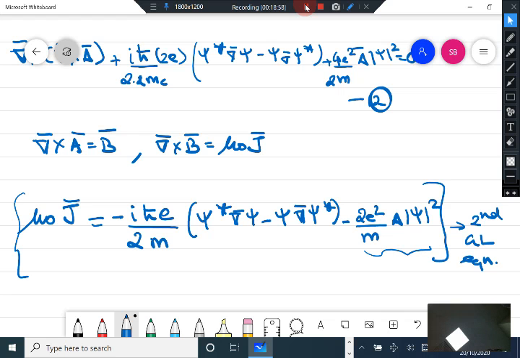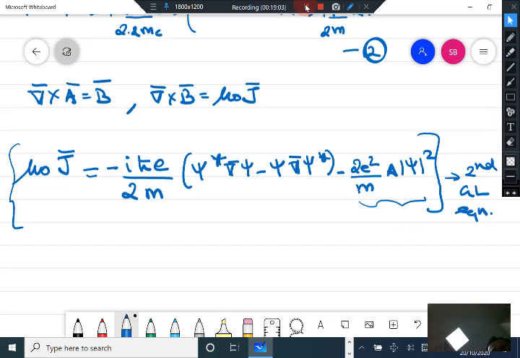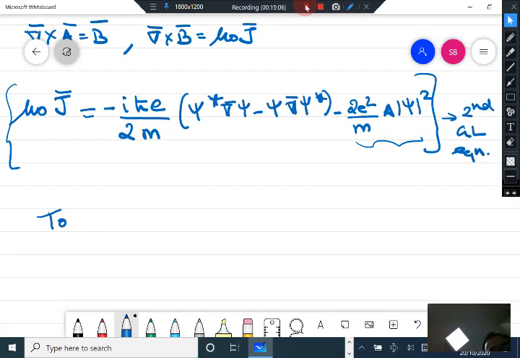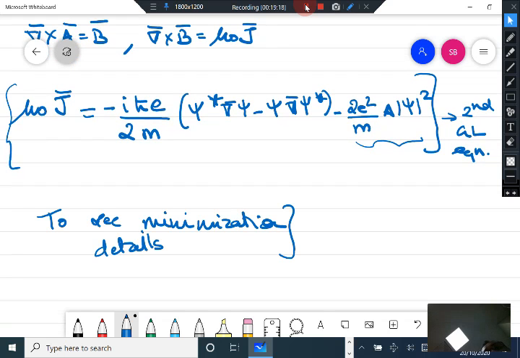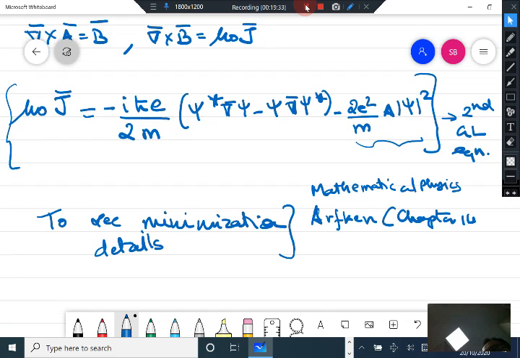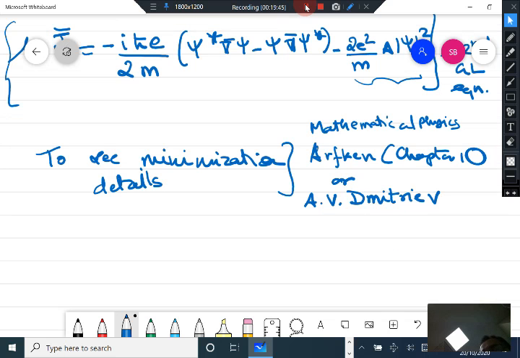I have not actually gone into showing you explicitly the details of the minimization, but if anyone is interested to see the minimization details, one can follow Mathematical Physics by Arfken, chapter 14, or you can look at a paper by A.V. Dmitriev in Superconducting Science and Technology.